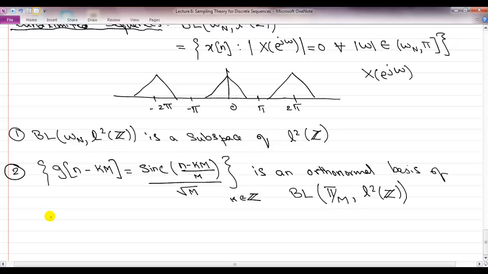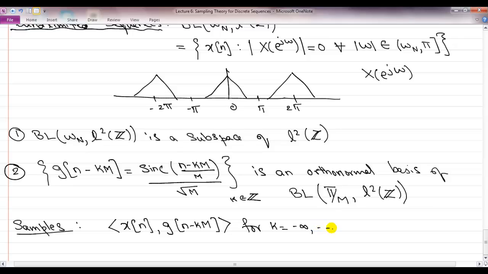If we want to sample sequences under the subspace model, the samples are simply given by inner products. Given x[n], you simply take inner products of that with the basis vectors, for k from minus infinity to infinity. Those are your samples.